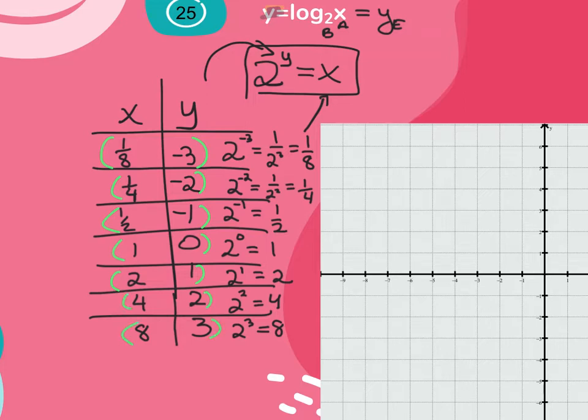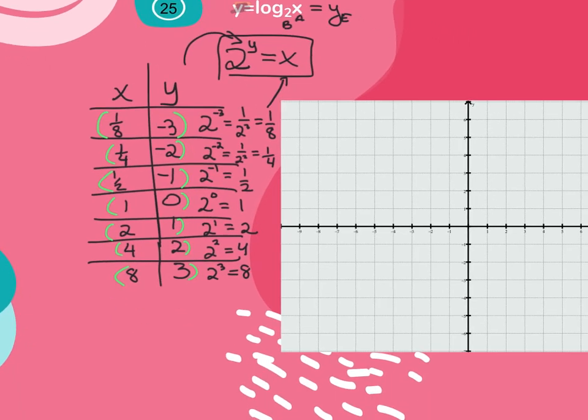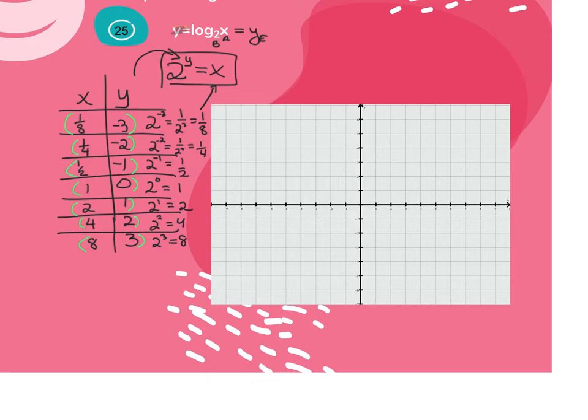So let's go ahead and put these on the graph. I'm going to first graph 1/8 and -3. And again, these fractions are kind of hard. Just put them kind of close to where they need to be.